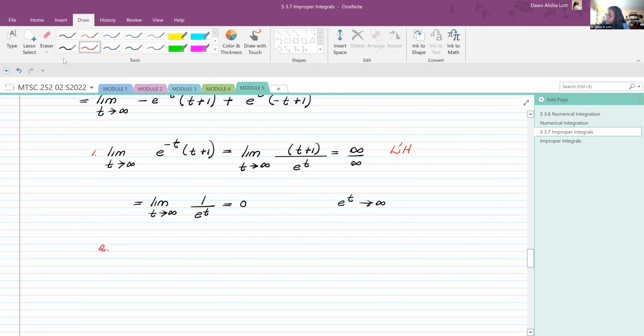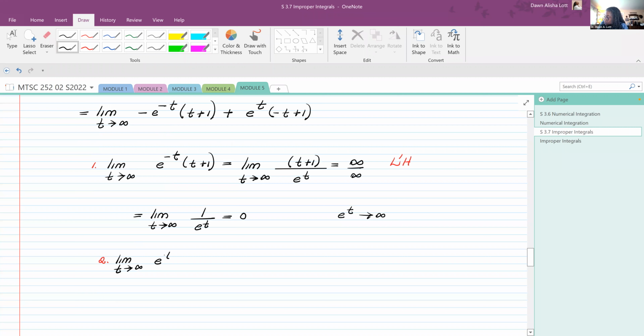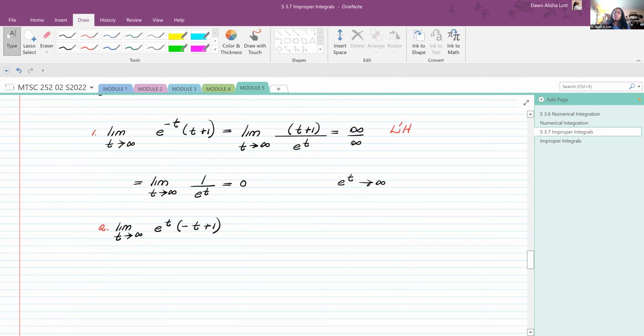That's the limit as t approaches infinity of e to the t times negative t plus 1. So we already know e to the t is going to infinity. And then negative t is going to negative infinity. So this whole thing goes to negative infinity.